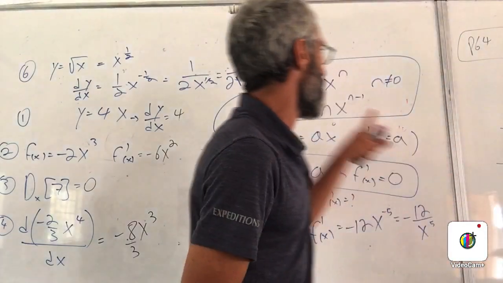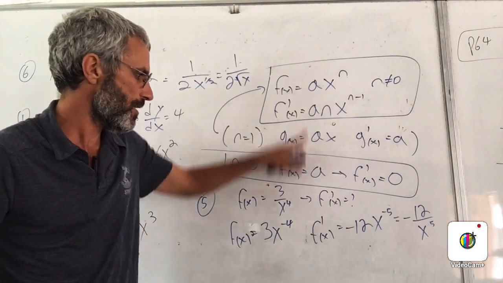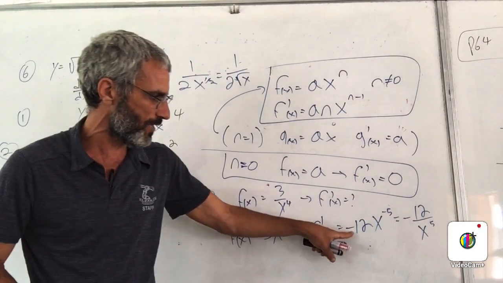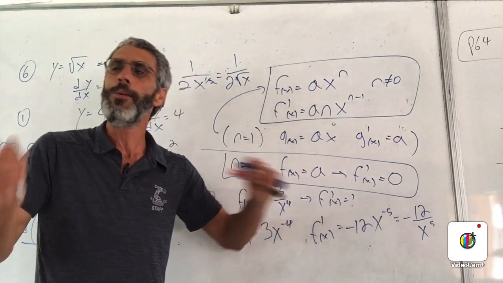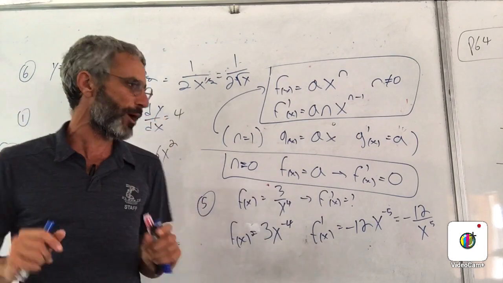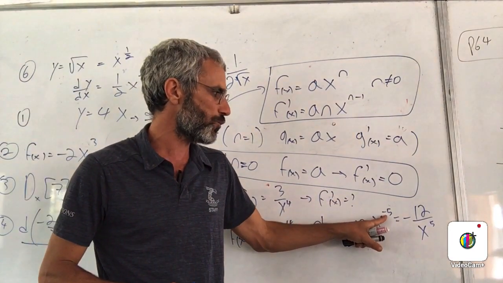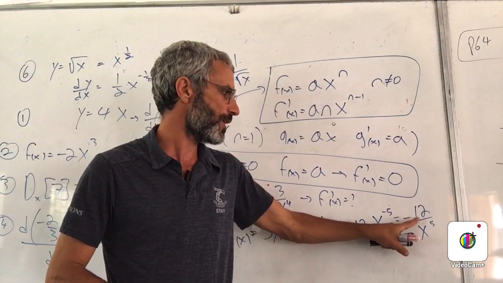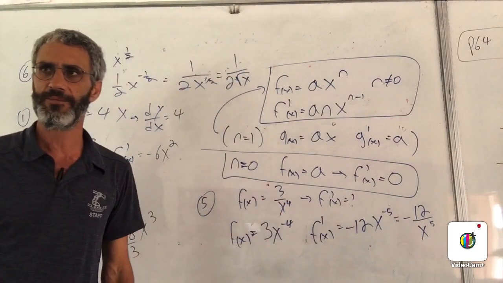Now we use the same rules to calculate the derivative. The minus 4 jumps up, minus 4 times 3 is minus 12, x to the power minus 5. But we've learned that good practice is not to write negative exponents, even though mathematically there's nothing wrong with that. It's better if you write minus 12 over x to the power 5.